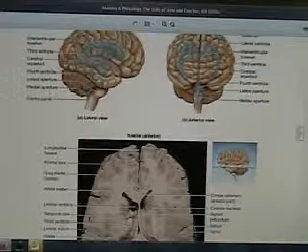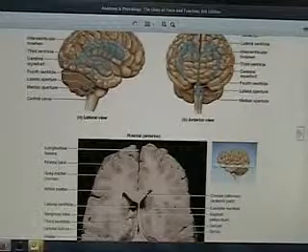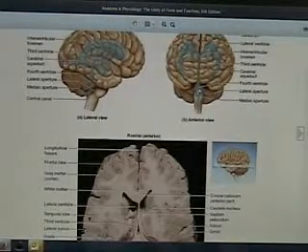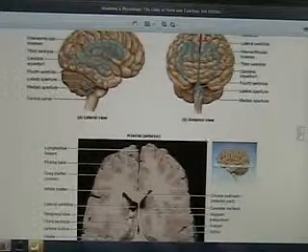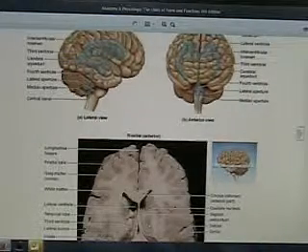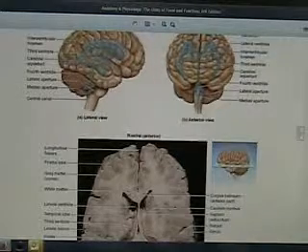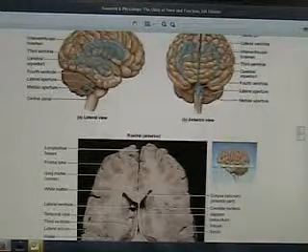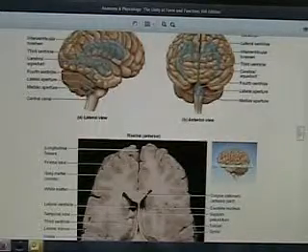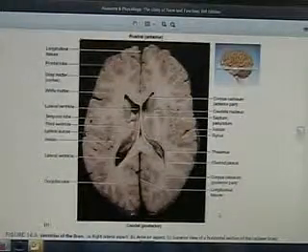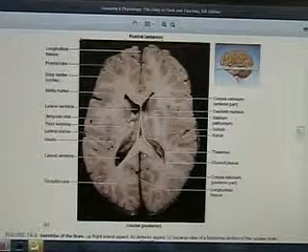You have a 3rd ventricle here and a 4th ventricle here. You have 2 lateral, a 3rd ventricle, and a 4th ventricle. Here's your 2 lateral. One here, one there. Your 3rd ventricle here. Where's the 4th one? The 4th one is not pictured here.